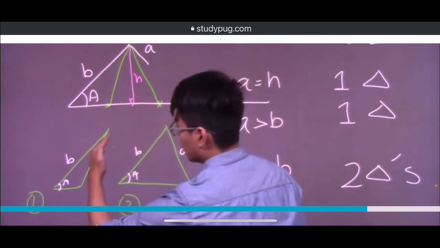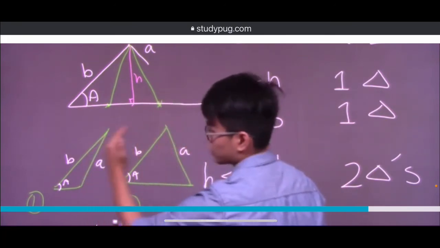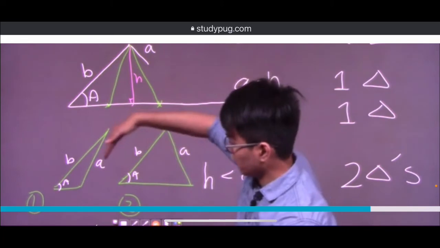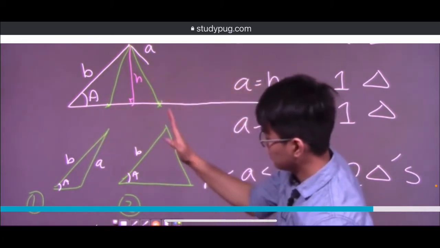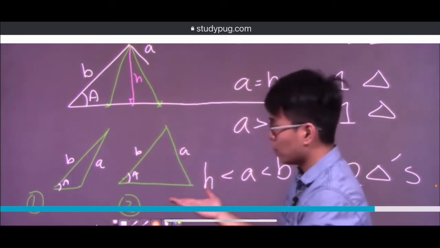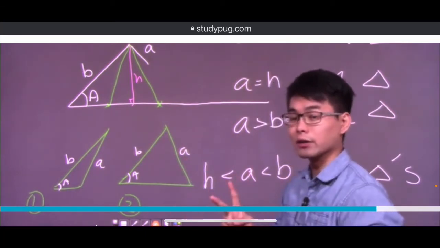All we did was change the orientation of the side. We just placed the edge here and here. By doing so, we have formed two triangles.